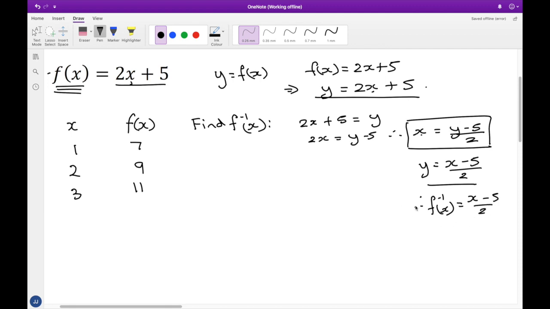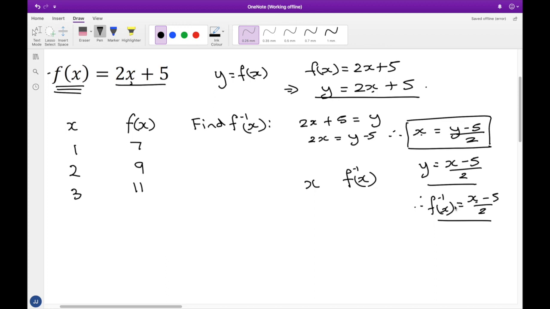Now let's check and see if this works, right? So let's draw a mapping diagram. I have my domain x, and I have my range f of x, or in this case, f inverse x.